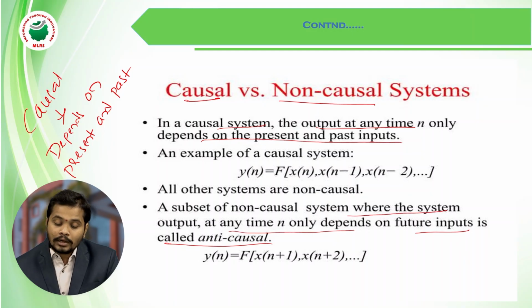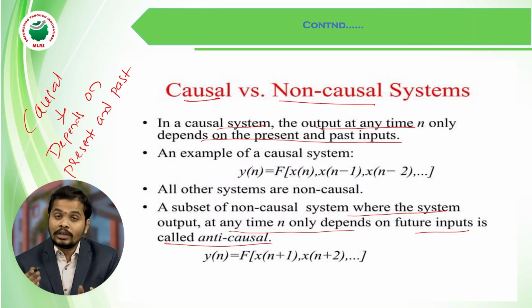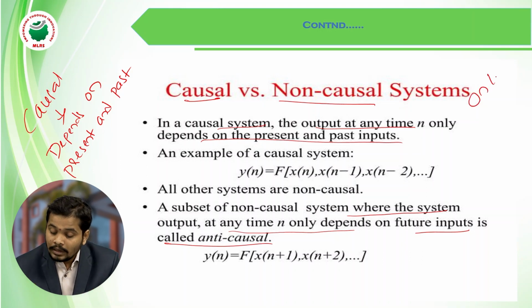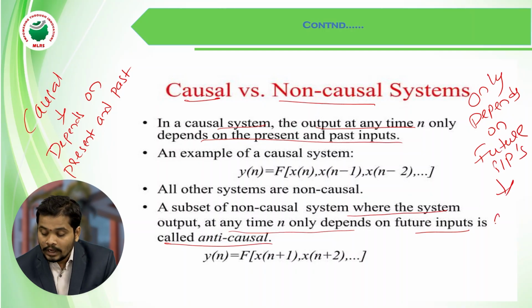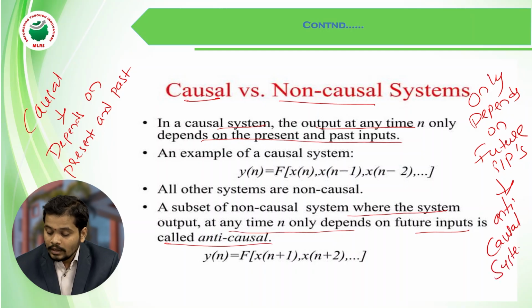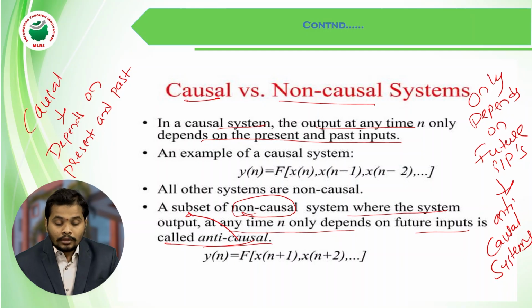Non-causal means it depends upon present, past and future, but when the system depends only on future inputs, that type of system is called an anti-causal system. So an anti-causal system is a subset of the non-causal systems. These are the differences between causal and non-causal.